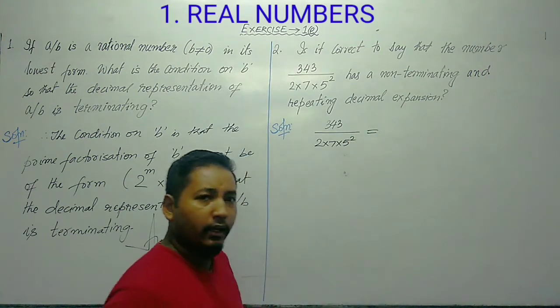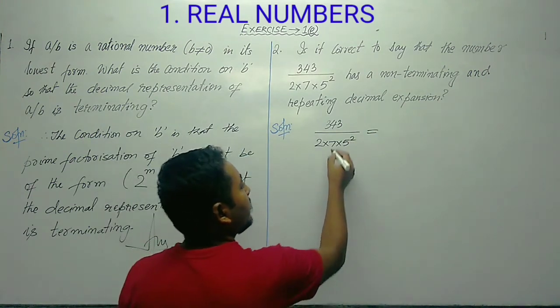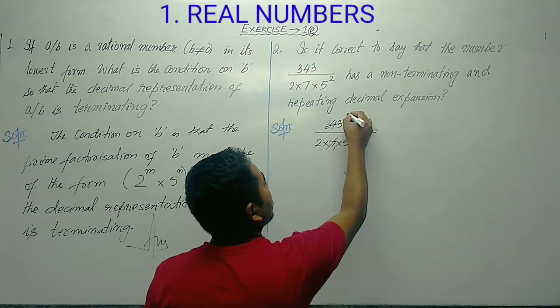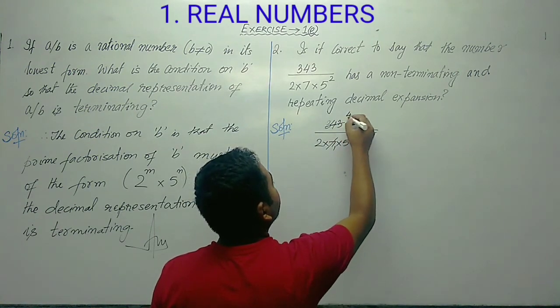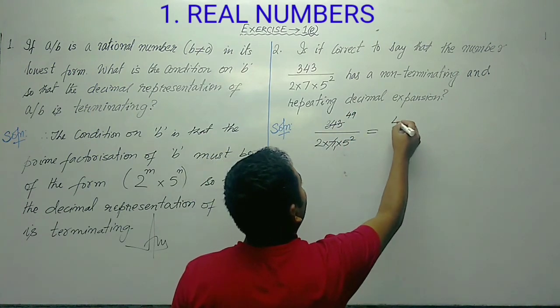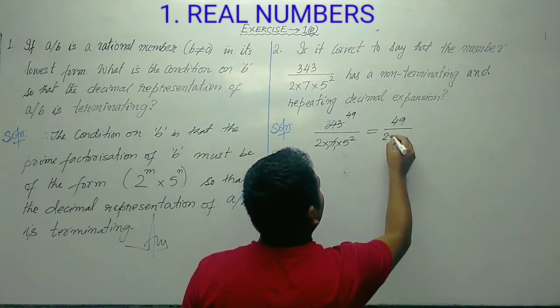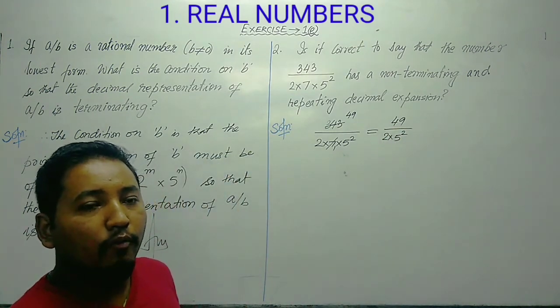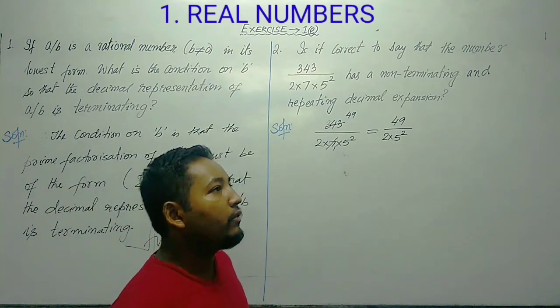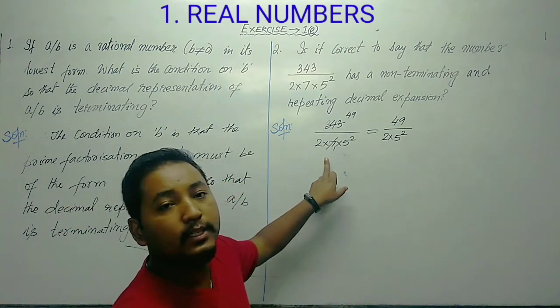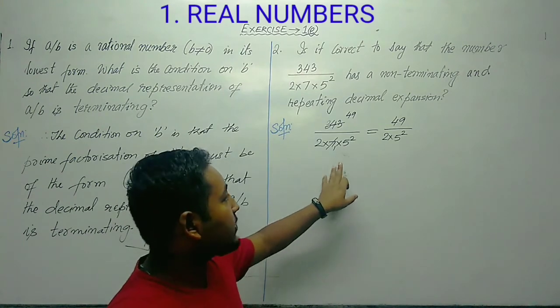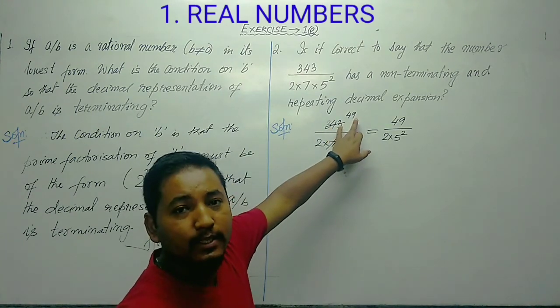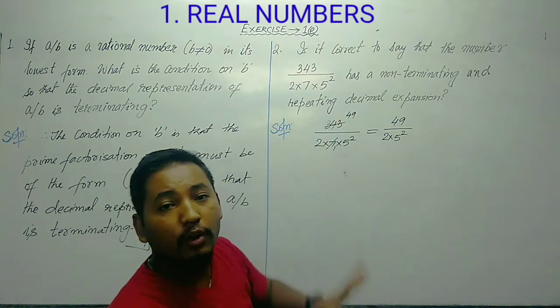If you see here, it is cancelable. 7 1 is 7, 7 4 is 28, 7 9 is 63. So what do we have? We have 49 by 2 into 5 square. Now we are not asked to convert. We are just checking by ourselves to find out whether the number is in its lowest form or not. Since the number was cancelable, the number is not in its lowest form.